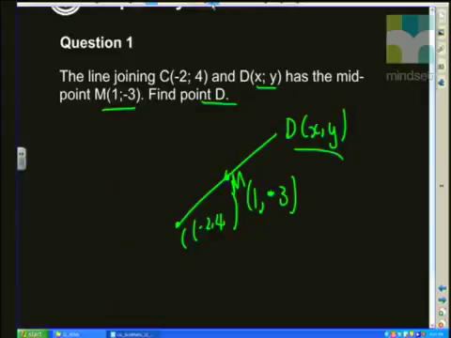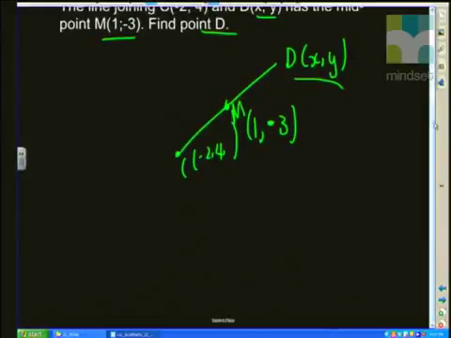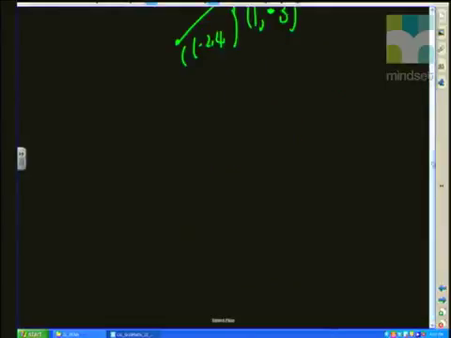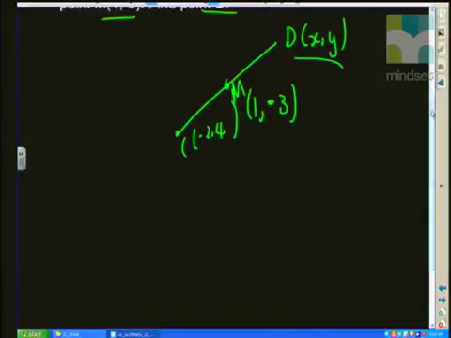A very common question here, so what we're going to do is use the midpoint formula and work backwards using that formula. To find the midpoint of line CD, the x-coordinate at D plus the x-coordinate at C, divided by 2, gives the x-coordinate of the midpoint.